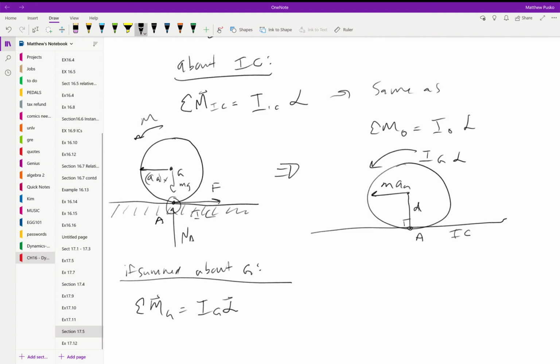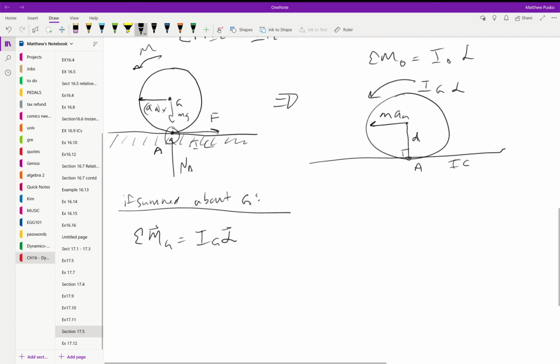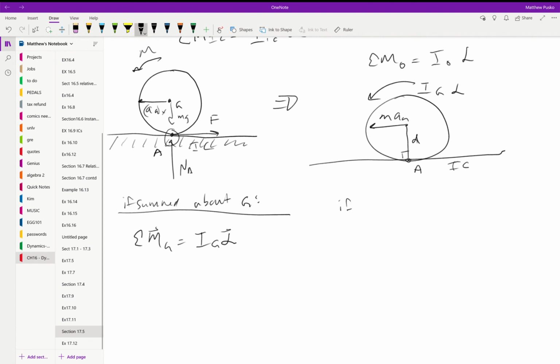Alright, but if summed about the instantaneous center, then we can say the summation of the moments about A in this case is equal to the I about A times alpha.